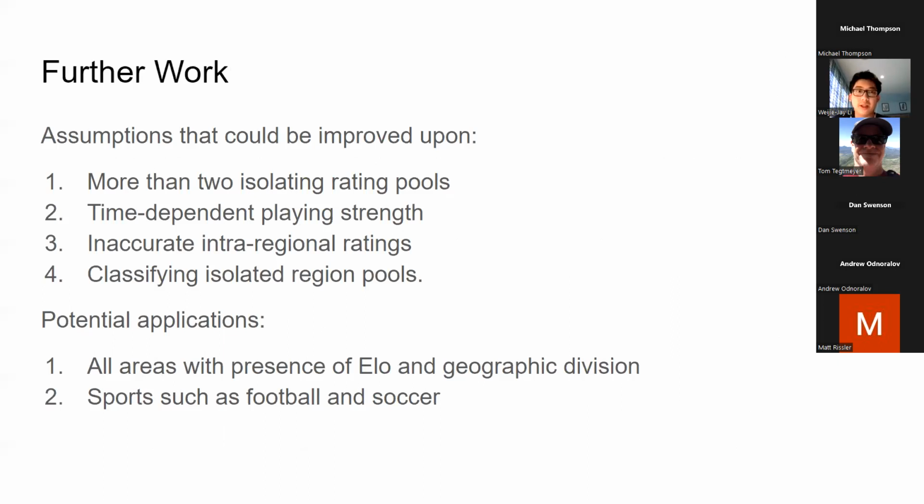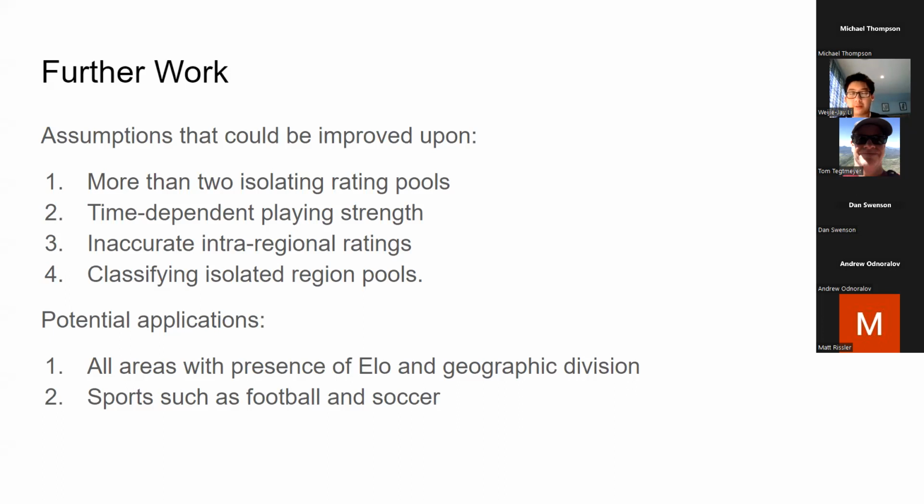Lastly, I want to point out a few further ideas that could be worked upon. The assumptions I made in this project, such as two isolated rating pools, constant player strength, accurate interregional ratings and already classified isolated region pools, could all be improved upon.